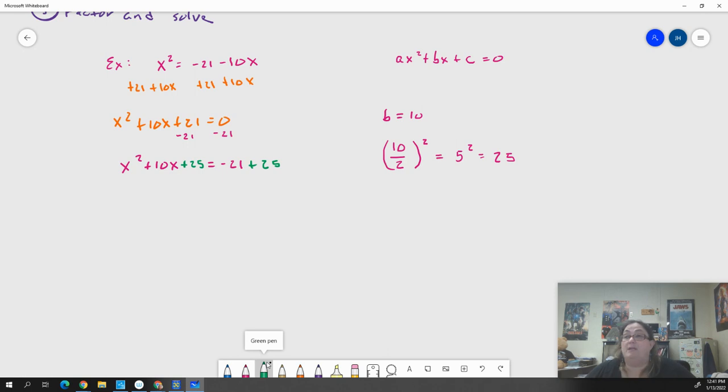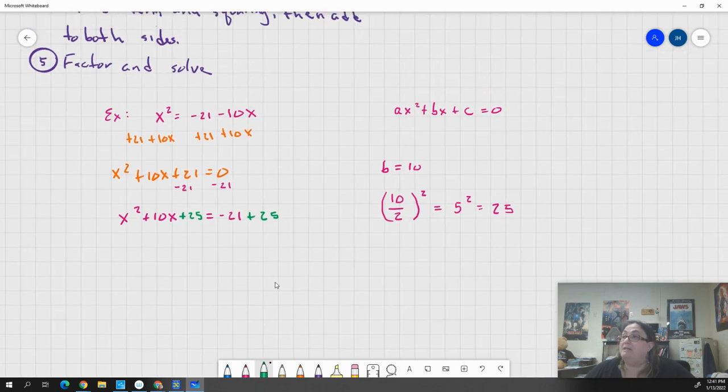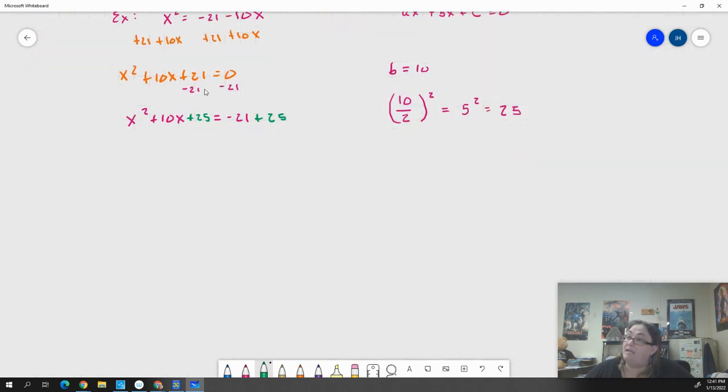The whole reason that we do it is because it creates what we call a perfect square trinomial. Now, I can explain to you forever what a perfect square trinomial is, but what I can tell you is that the way that we factor it is that we are going to take the square root of this plus the square root of this, right?